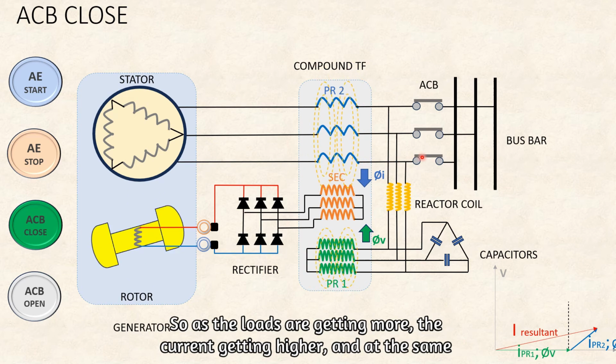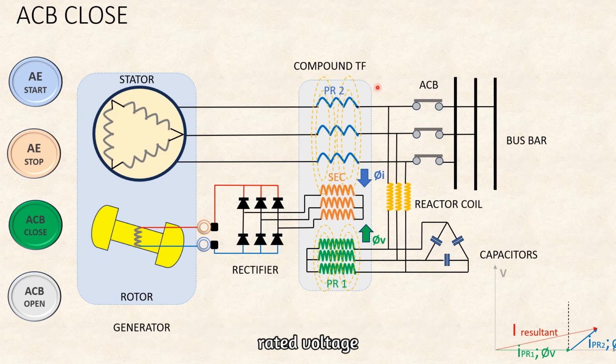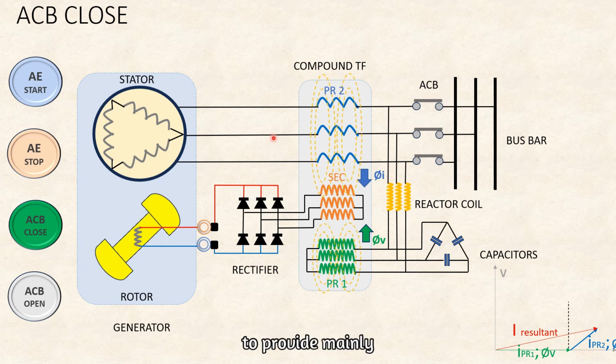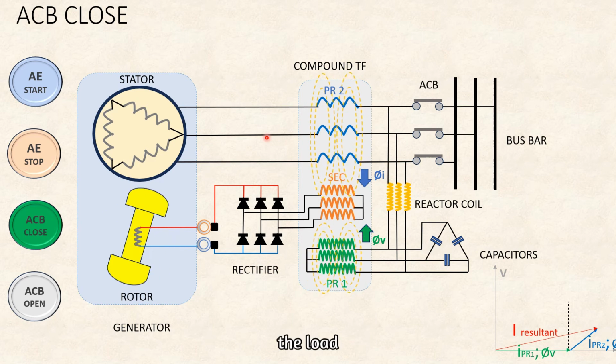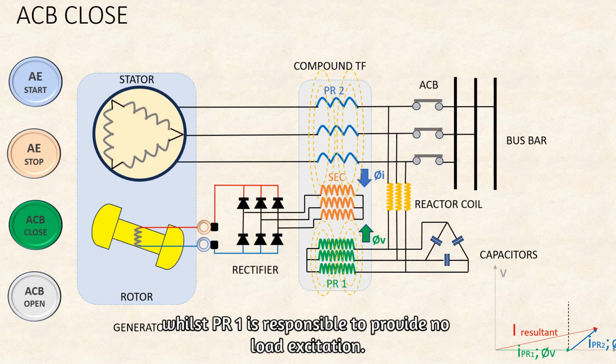So as the loads are getting more, the current getting higher, and at the same time the magnetic field will get automatically corrected to produce the rated voltage. So actually, PR2 is responsible to provide mainly the load time excitation, whilst PR1 is responsible to provide no load excitation.